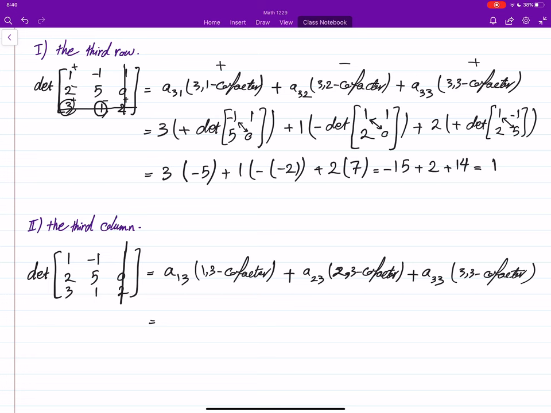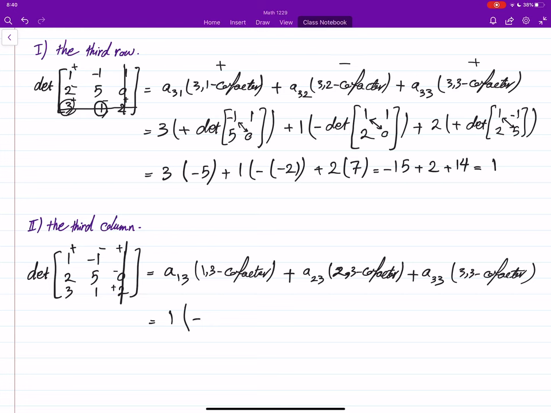1, 3. Well, it is 1 here. Is it plus or minus? The cofactor, are we going to multiply the 1, 3 minor by plus or minus? Well, always start with plus for the 1, 1 entry and alternate as you go along. This will give us plus there, minus there, plus there.